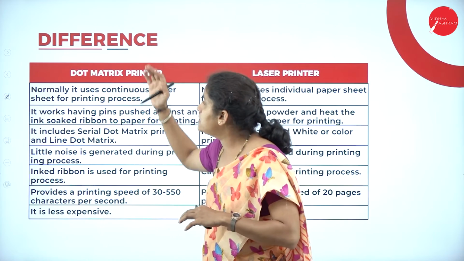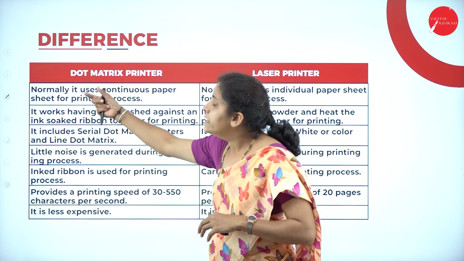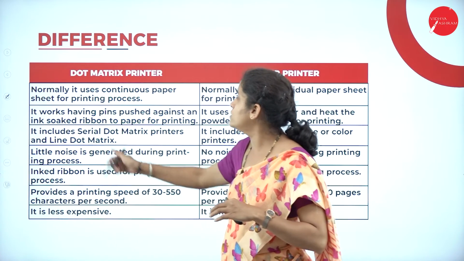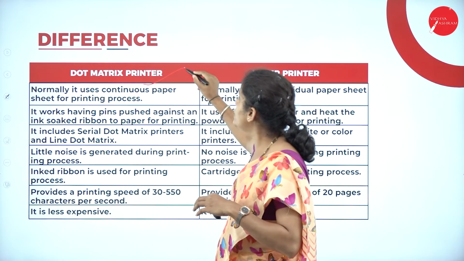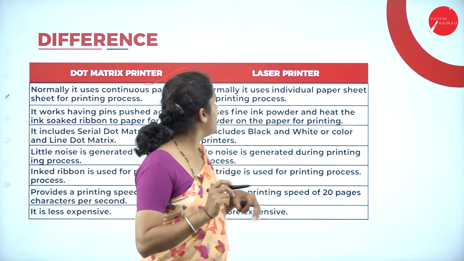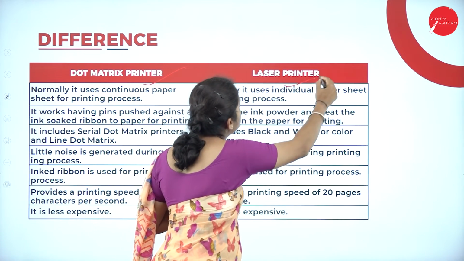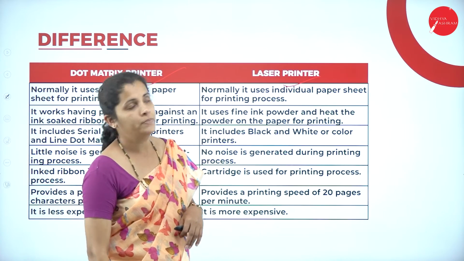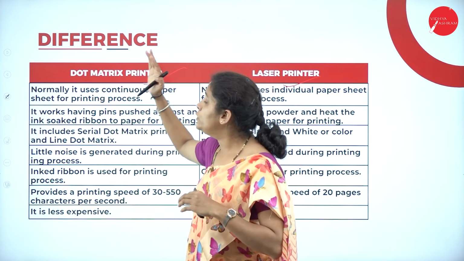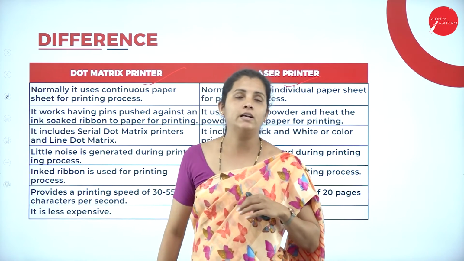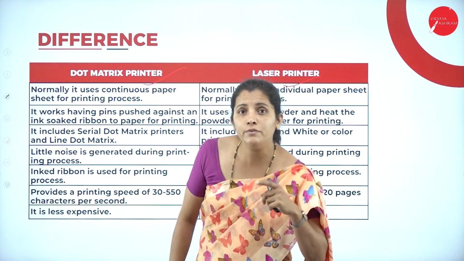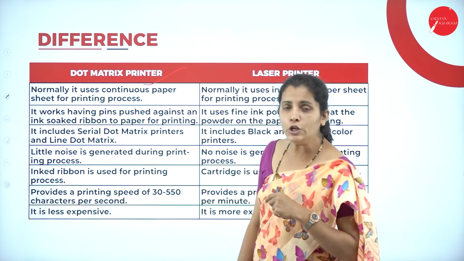A dot matrix printer normally uses continuous paper, whereas a laser printer uses individual paper sheets. So in dot matrix, a bundle of papers is used to take the printout, whereas in a laser printer, a single sheet can be used.